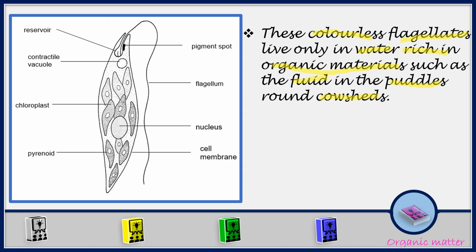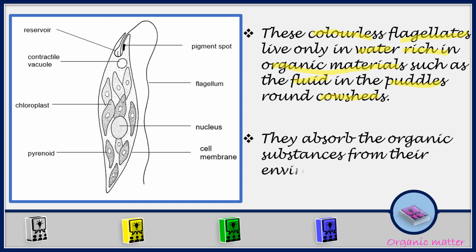For example, the fluids that we find in puddles around the cow shed have a lot of organic matter, and it's where we find most of these colorless flagellates. In these puddles, they will absorb the organic substances from their environment and they will use them as food.